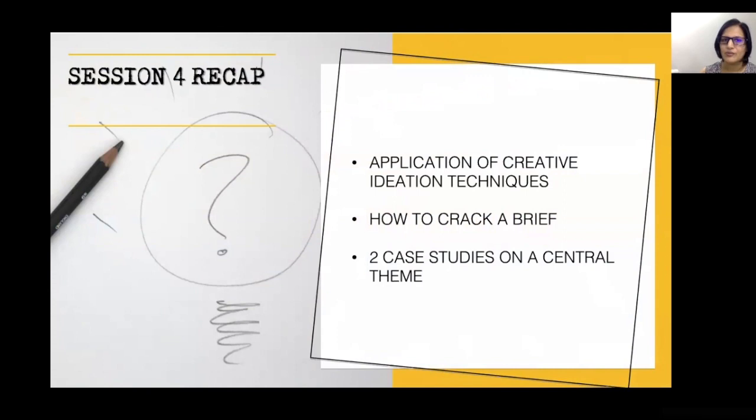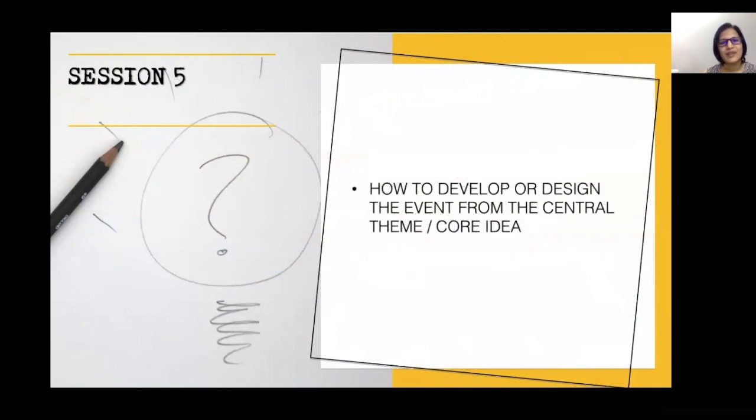We also saw that once you have the brief, what kind of ideas you can create and how to create the central theme. I also explained that once you get the central theme, how you develop it completely into an event design. An event design means a complete concept or the experience of the event which is based on the central theme or the idea. And once you do that, you get all the elements of the event to make it a success.